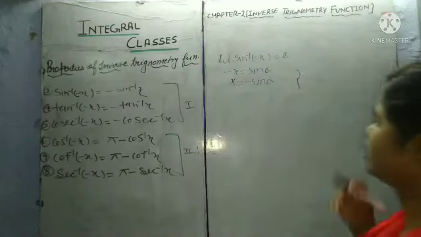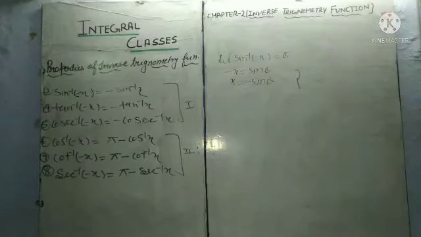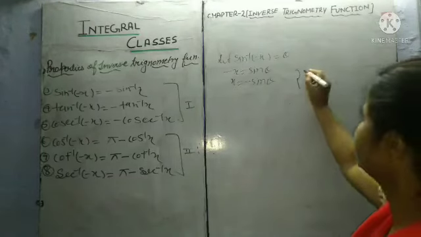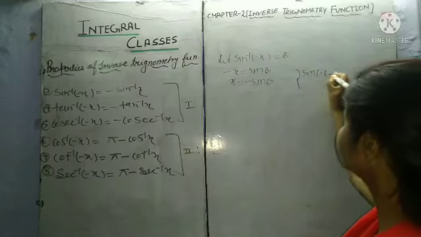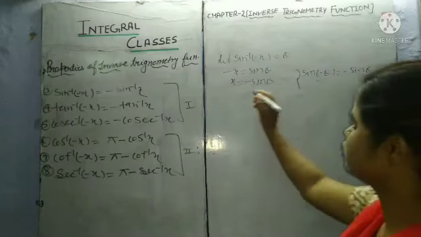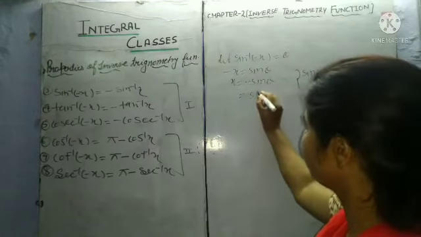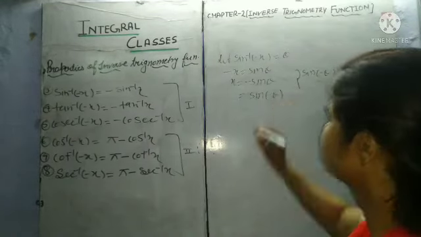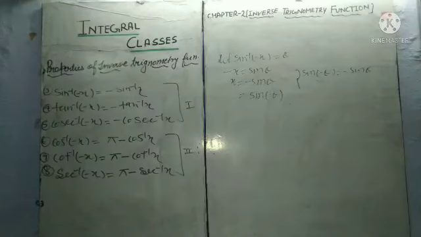We know that in our previous lecture, or in 11th class, you have studied that sin of minus theta is equal to minus sin theta. So we can write x is equal to sin of minus theta.